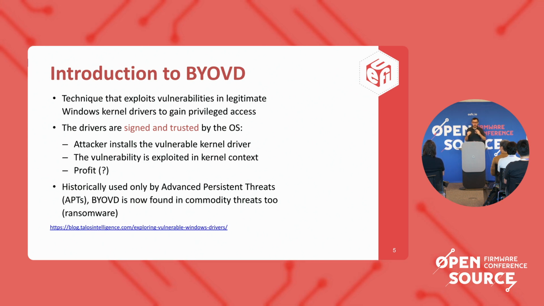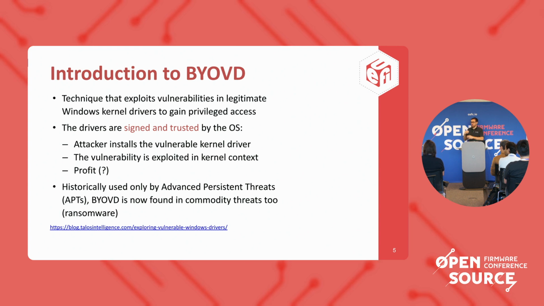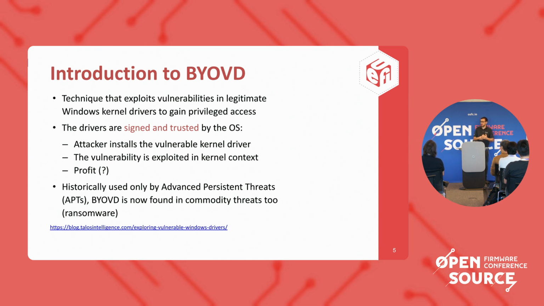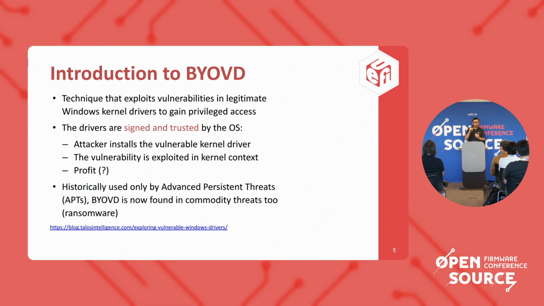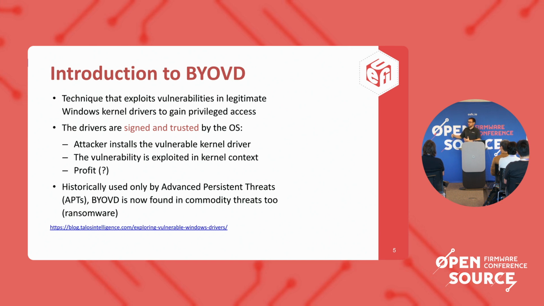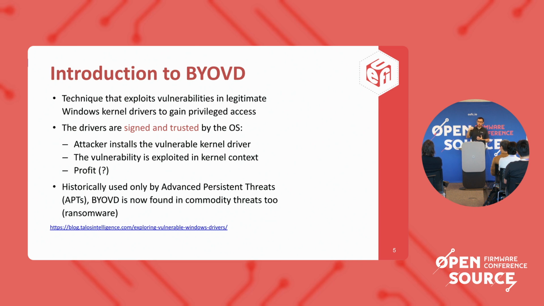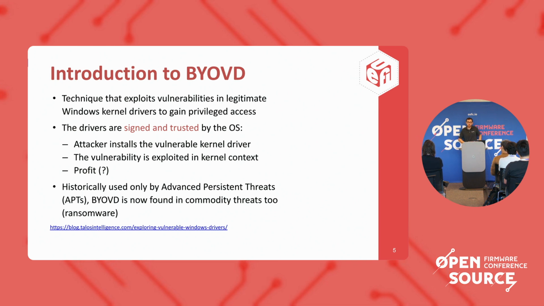The attacker simply finds a driver which is signed by Microsoft or by any of the certificates that the Windows kernel trusts, and this driver has a vulnerability. At this point, the attacker can simply install this driver onto the victim machine, and after it installs it, it exploits the vulnerability at kernel level. So it's really able to go from user space to kernel space and to elevate privileges.